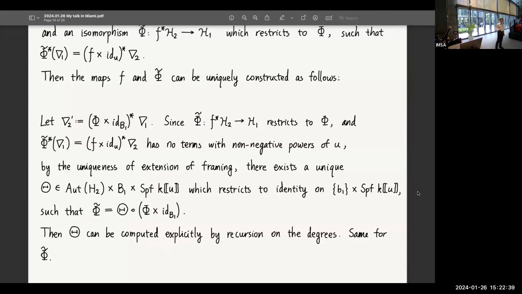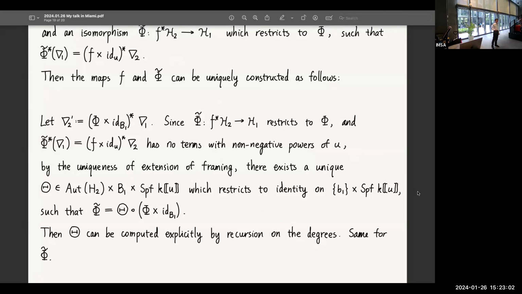Since this restricts to phi at the point, when we pull back by this map, we get something that has no terms with non-negative powers of U, because it already has framing.